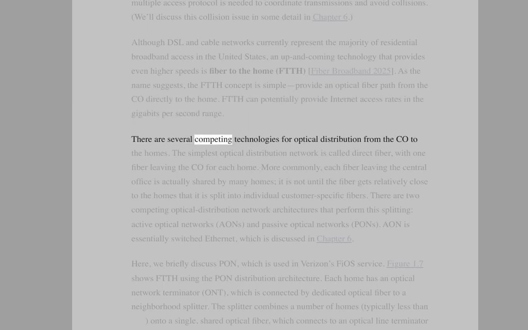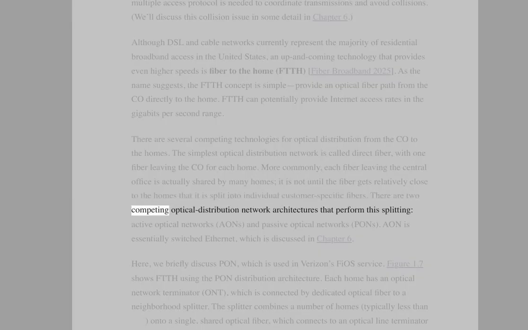There are several competing technologies for optical distribution from the CO to the homes. The simplest optical distribution network is called direct fiber, with one fiber leaving the CO for each home. More commonly, each fiber leaving the central office is actually shared by many homes. It is not until the fiber gets relatively close to the homes that it is split into individual customer-specific fibers.